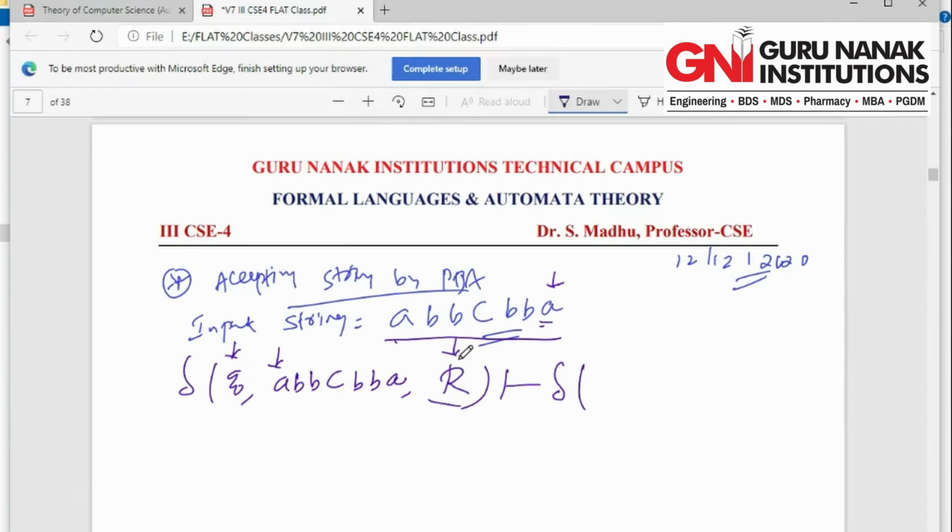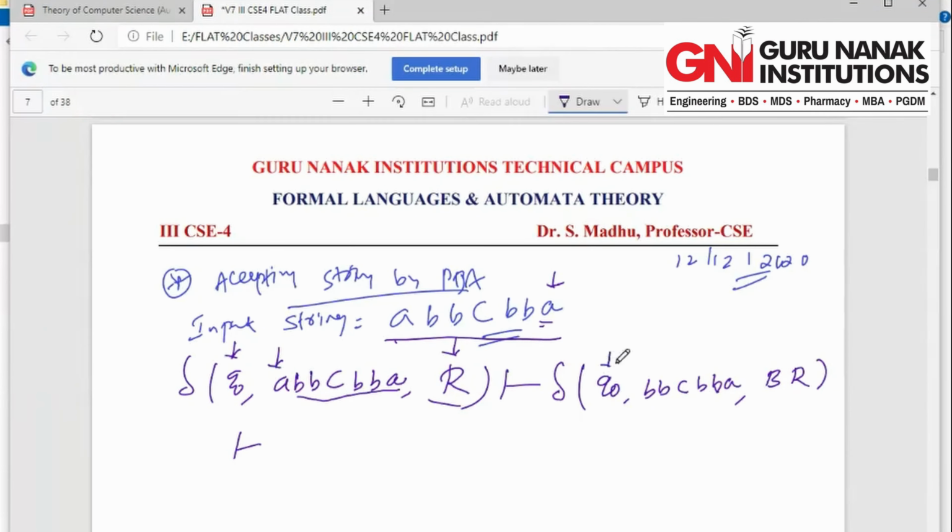Then you write the remaining input here: B, B, C, B, B, A. So after inserting A, what symbol is inserted in the stack in place of A? B, capital B. Already R is there.